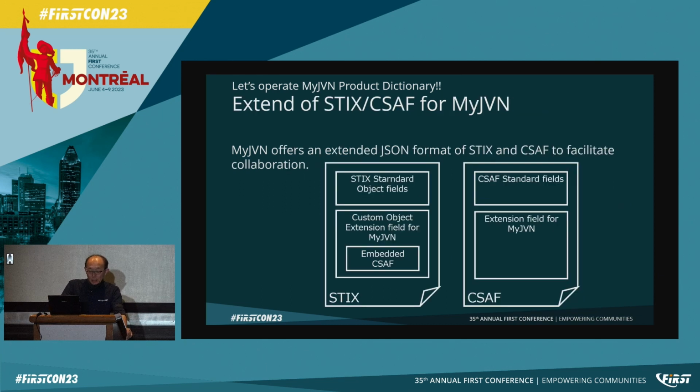MyJVN offers extended formats of STIX and CSAF to facilitate collaboration with vulnerability databases and asset management systems. STIX is a standardized language for representing and sharing cyber threat information and intelligence, while CSAF provides a framework for describing security advisories and vulnerabilities.